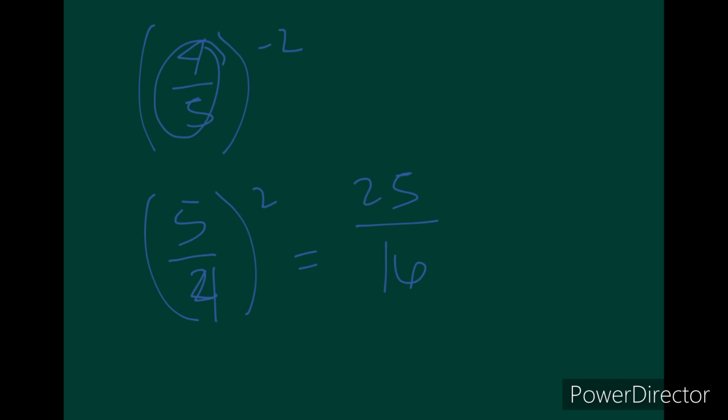Next, another example. 10 squared times 5 raised to negative 2 times 6 raised to 0. So 10 squared times, apply the negative exponent to 5 raised to negative 2. So you have 1 over 5 squared times 6 raised to 0.